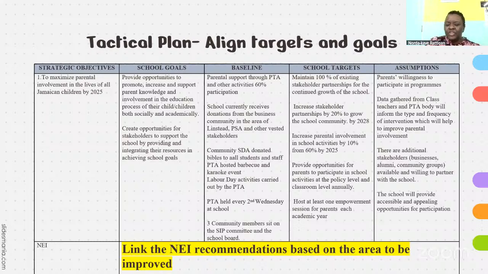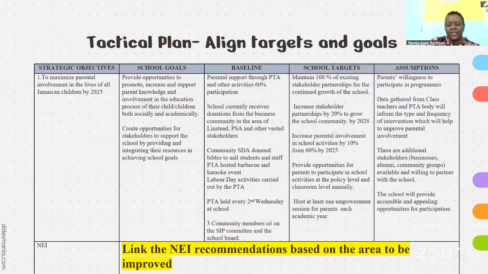Now, this is just an example that I created for you. And we're looking at strategic objective number 1 for this example. Your school goals should be broad enough to cover the items that you want to meet the strategic objectives.